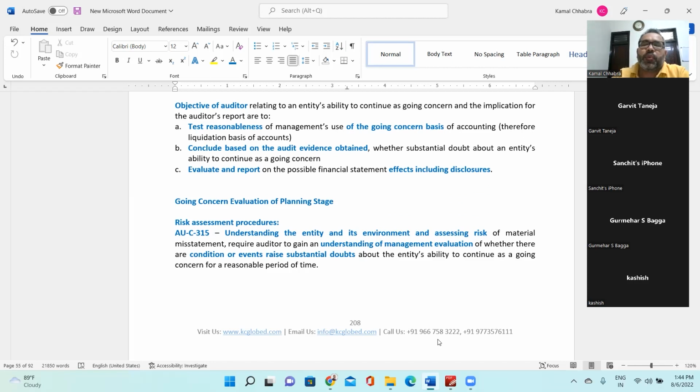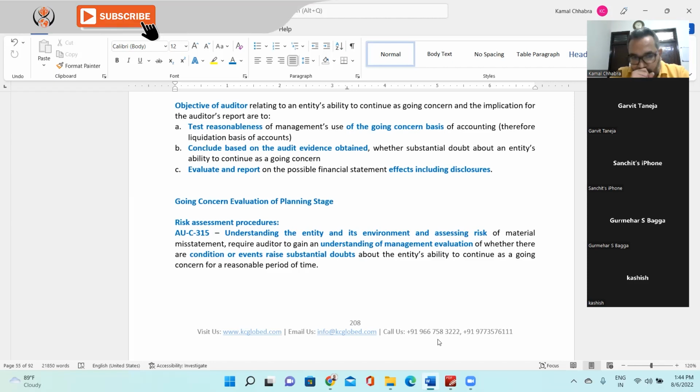The first and most important thing for us as auditors is to evaluate the reasonableness of management's use of the going concern assumption in preparation of the financial statements. Second is concluding, based on the audit evidence obtained, whether there is a substantial doubt about the entity's ability to continue as a going concern or not. Third is to evaluate and report on the possible financial statement effect, if there is any.